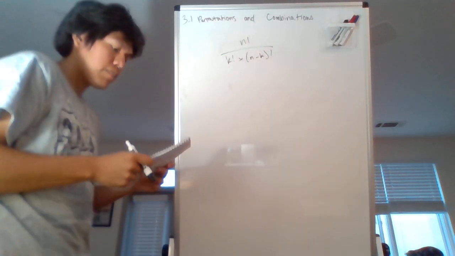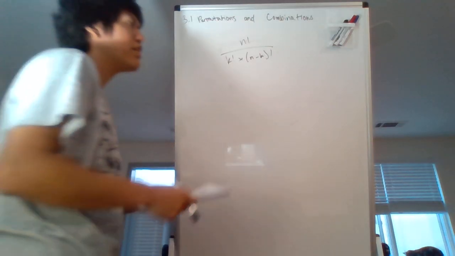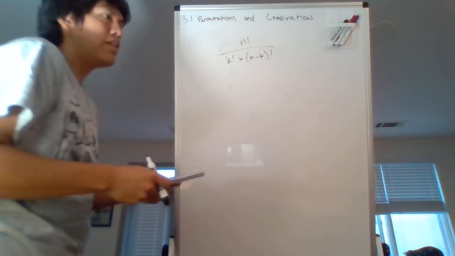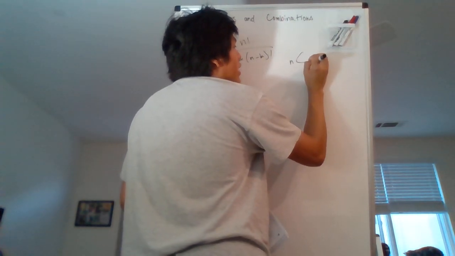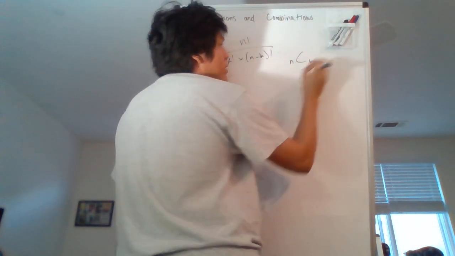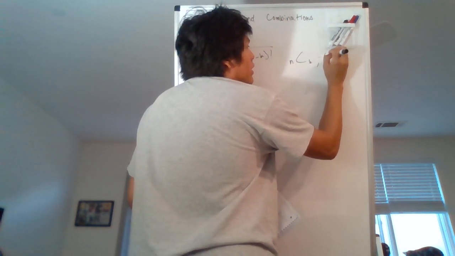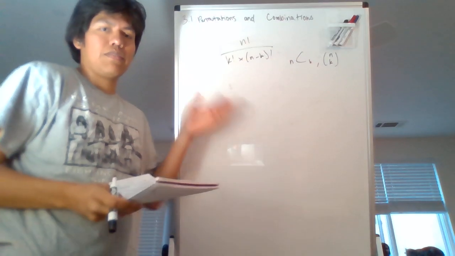And this is where the phrase "n choose k" comes from. It's written like n C k, or it looks like this, with n and k both in parentheses like that. Okay, so this is for combinations.